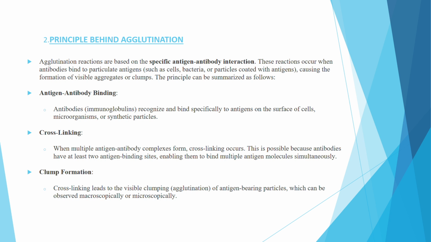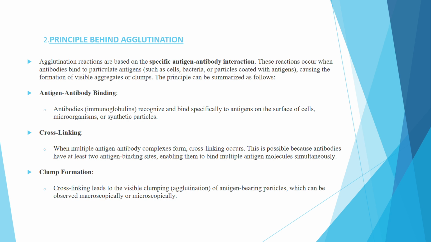Antibodies recognize and bind specifically to antigens on the surface of the cells. Cross-linking. When multiple antigen-antibody complexes form, cross-linking occurs, meaning there is attraction between them, where some bonds hold them together. Clump formation.